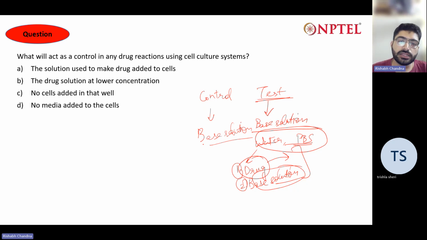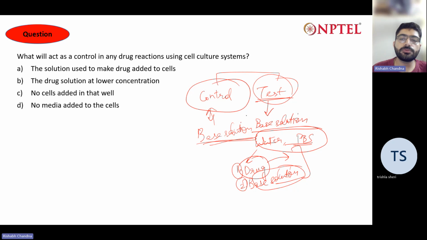Okay, so in this case, we have the base solution, and that will act as our control in every case, being we are testing the absorbance or anything. So this is why we use control groups in our experiments. And that will help us to compare the different results that we are obtaining from the test group.